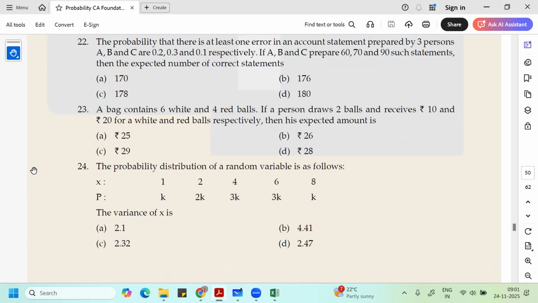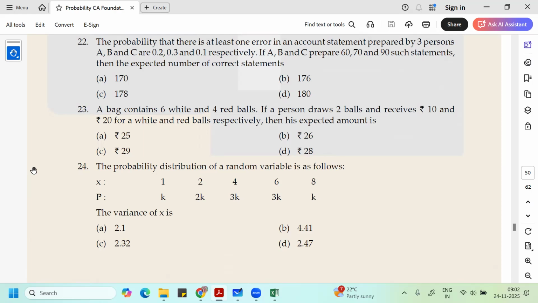Question number 24: the sum total of probability is equal to 1. So k plus 2k is 3k, 3k plus 3k is 6k, 6k plus 3k is 9k, plus k, 10k. 10k is equal to 1, because the sum total of probability is 1. So k would be 1 by 10.